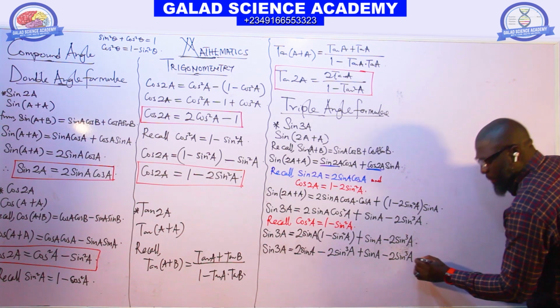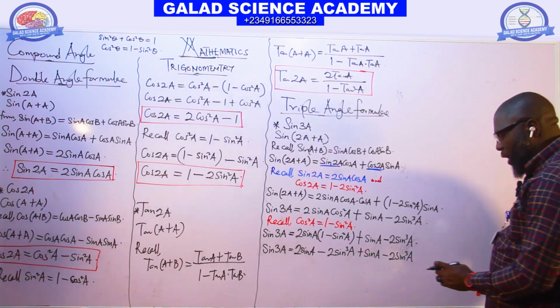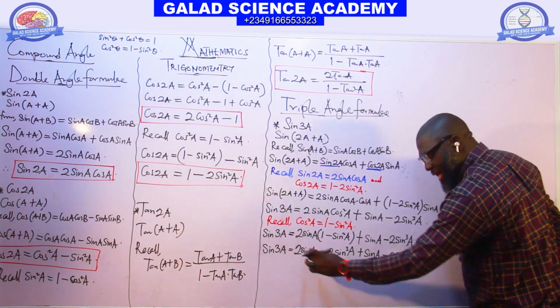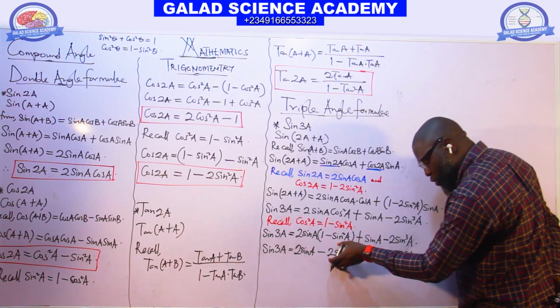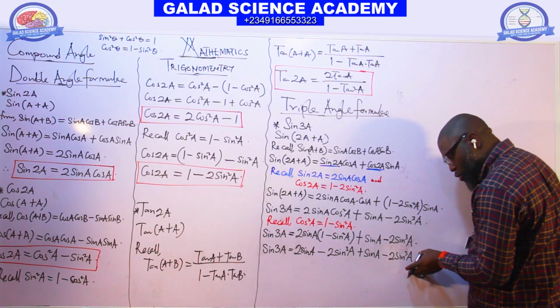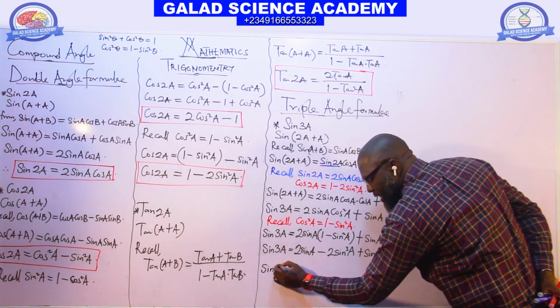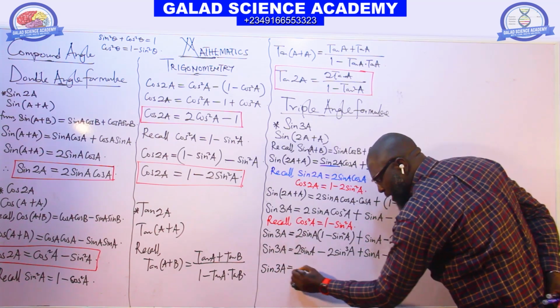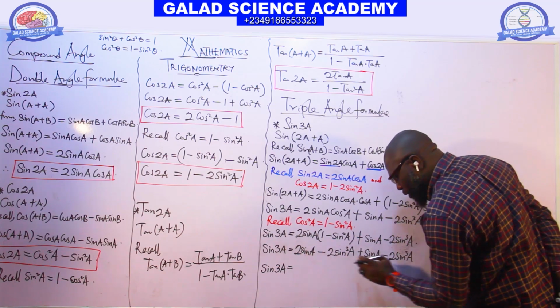So we have minus 2 sine cube A, plus sine A, minus 2 sine cube A. If we have this now, what can we do? We have sine A and sine A. We add them together. Minus 2 sine cube A minus 2 sine cube A, add them together. We now have sine 3A equal to this plus this.